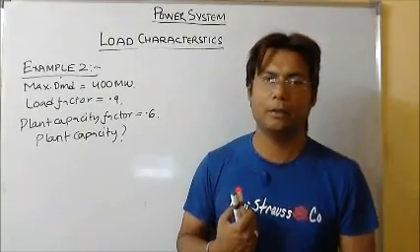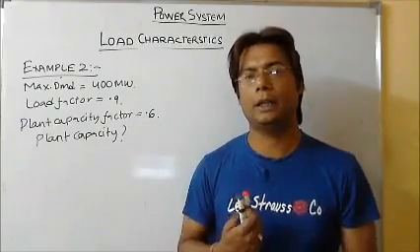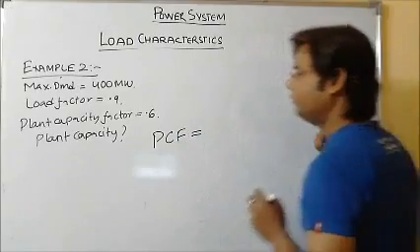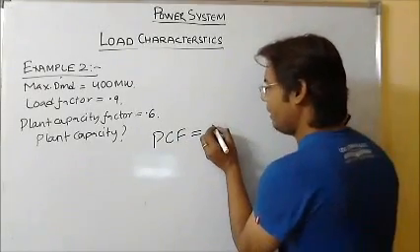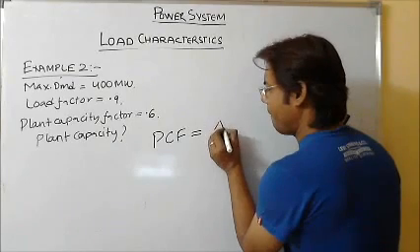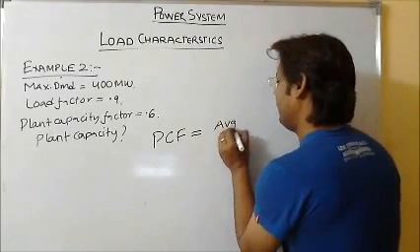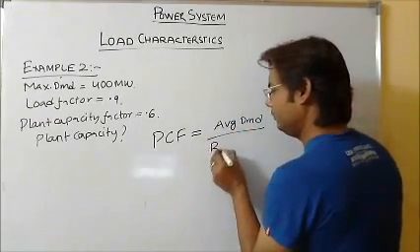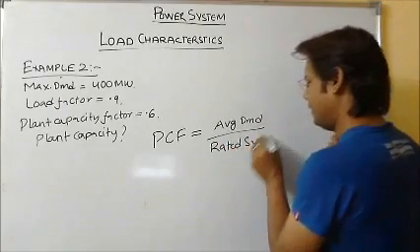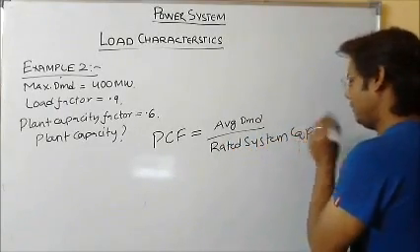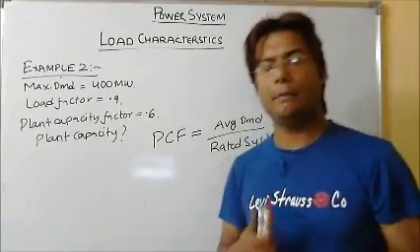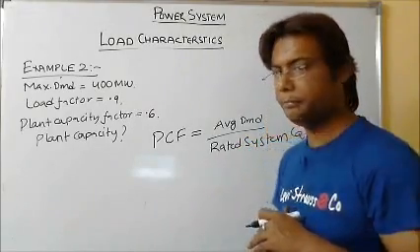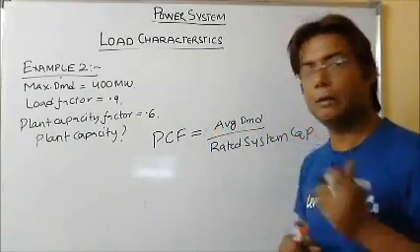It's just a 2-minute question. So rather than putting so much of mind into it, we can directly solve this question. We know that the plant capacity factor is equal to the average demand upon the rated system capacity, and maximum plant capacity we can write as the maximum demand multiplied by the load factor.